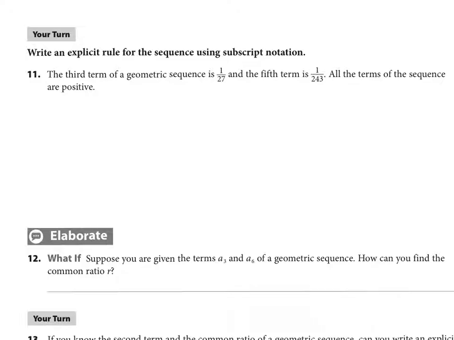Okay, so the third term of the geometric sequence is 1/27th. So what I'm going to do is I'm going to write a of 3 is 1 over 27. So I'm just using some notation here. The fifth term is 1 over 243.